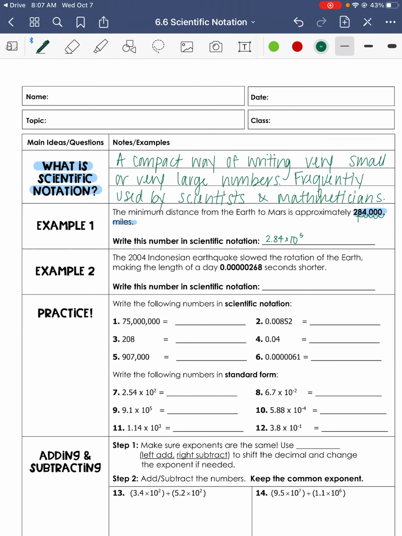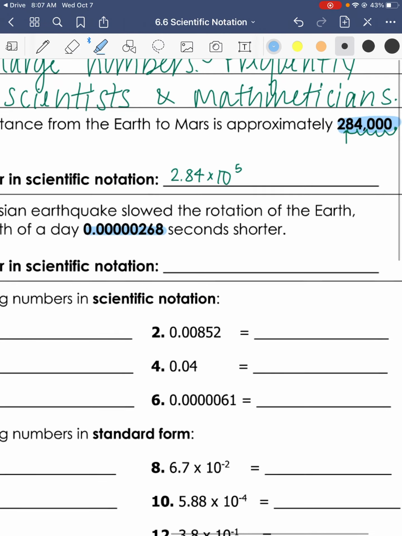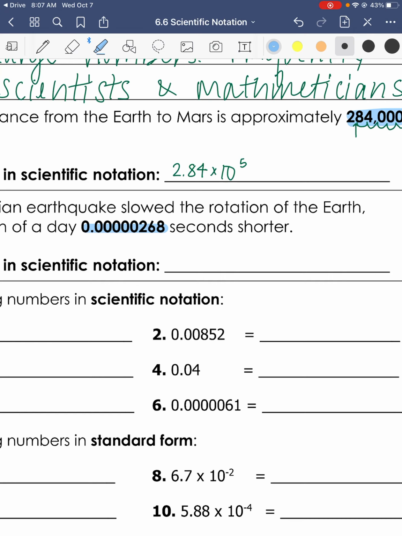Let's look at the second example, writing in scientific notation a very, very small number. The 2004 Indonesian earthquake slowed the rotation of the Earth, making the length of a day 0.0000268 seconds shorter. So we're writing this number in scientific notation. Again, we want to move the decimal to a place where we get a number between 1 and 10, and it looks like it's going to be right here between the 2 and the 6.